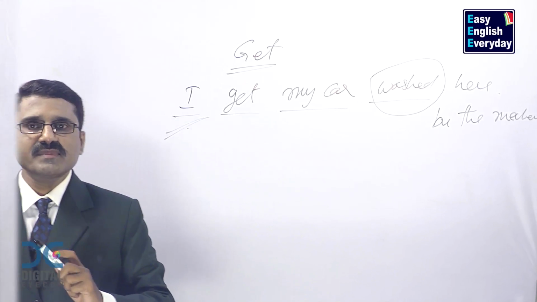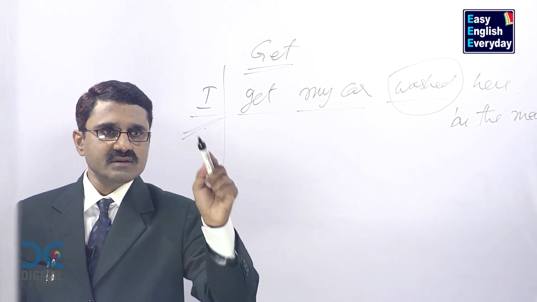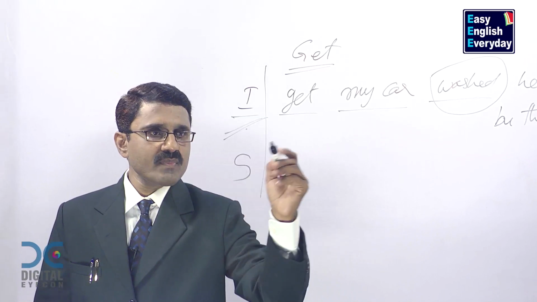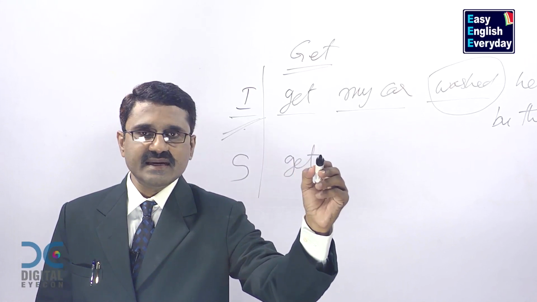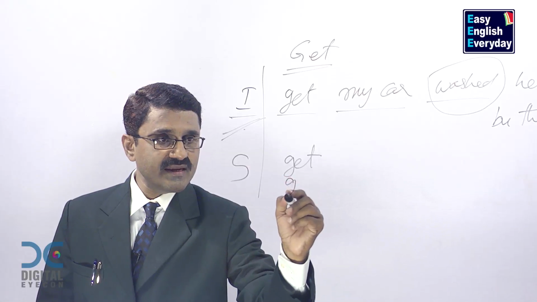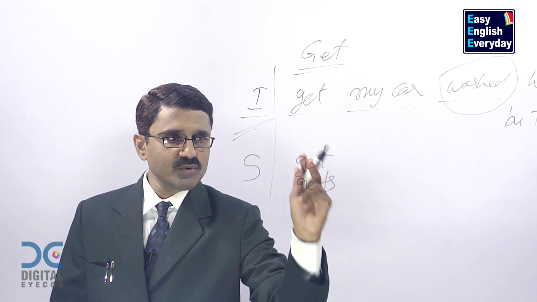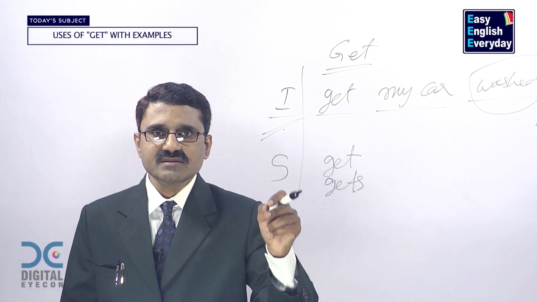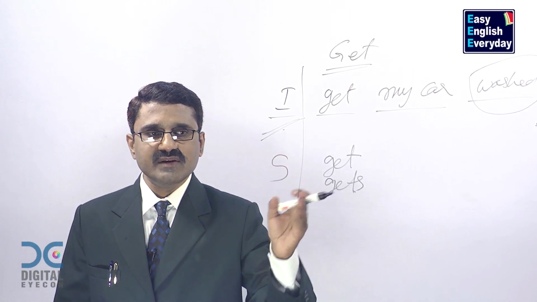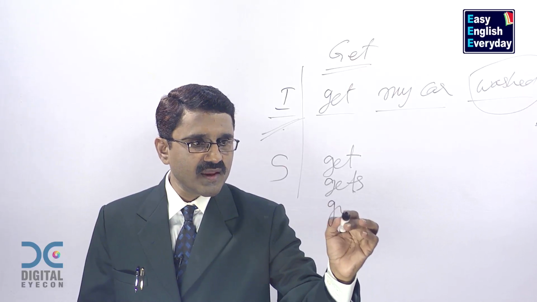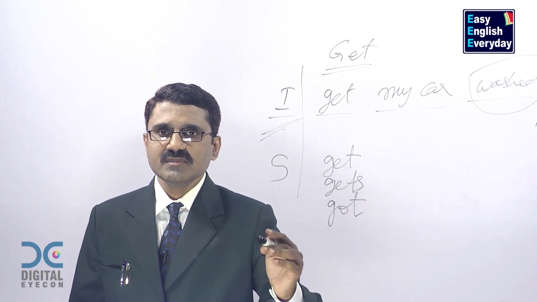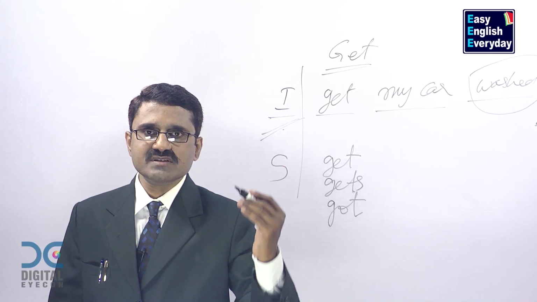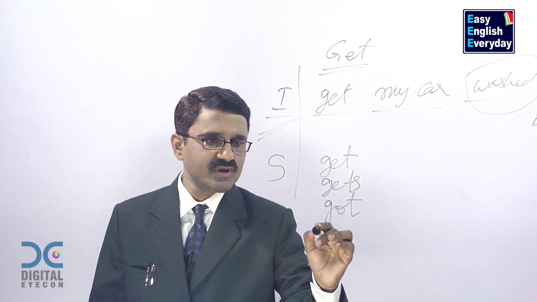So how are we making this sentence? Take a subject, then take get and gets. You will use gets for he, she, it, any singular name, living or non-living thing. Then you can use got for all the people, first person, second person, third person, singular and plural.